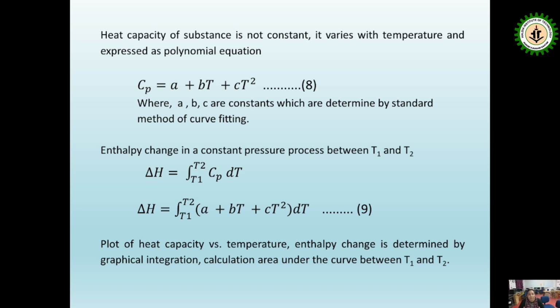Now if we have the heat capacity values with temperature from experimentally determined results, then we can plot heat capacity versus temperature, and enthalpy change is determined by graphical integration, by calculating the area under the curve between T1 to T2.